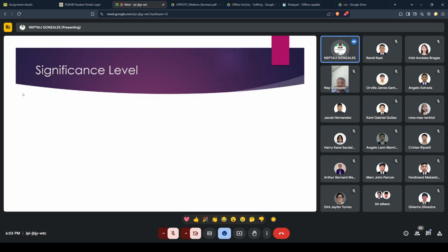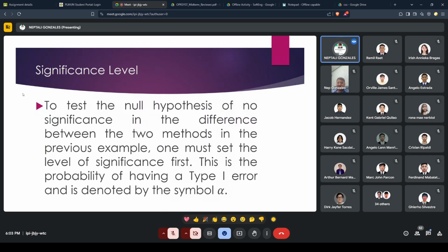Next is the significance level. To test the null hypothesis of no significant difference between two methods, as in the previous example, one must set the level of significance first. This is the probability of having a type 1 error and is denoted by the symbol alpha.